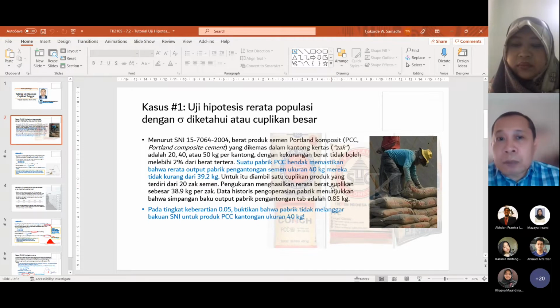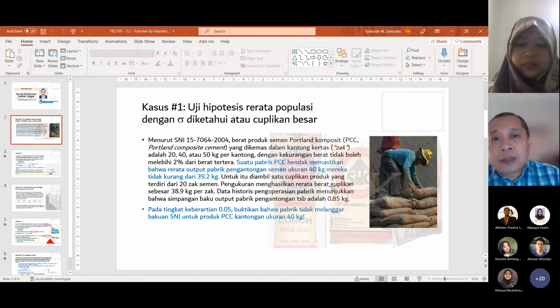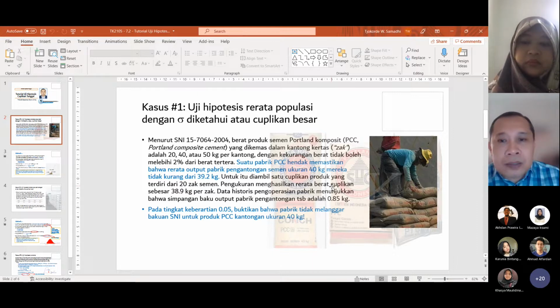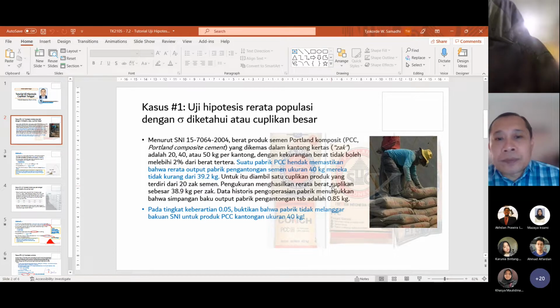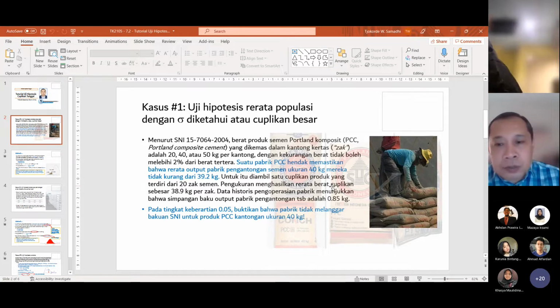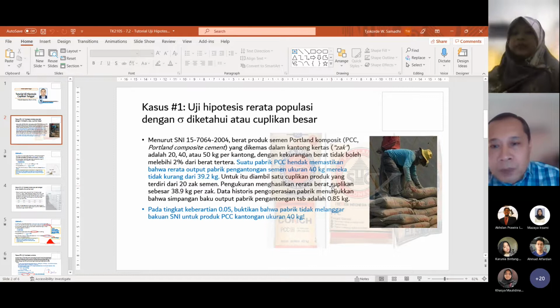So for example, population standard deviation is symbolized as sigma, whereas sample standard deviation is denoted as S, the Latin letter S. Another example is population average versus sample average. So population average is symbolized by the Greek letter mu, and the sample average is usually denoted as x bar.